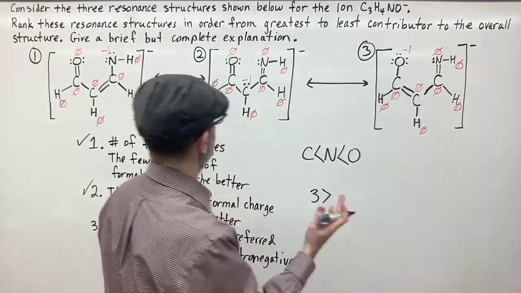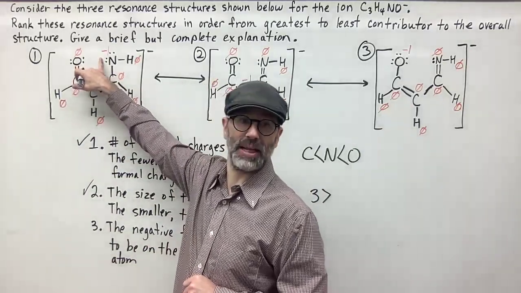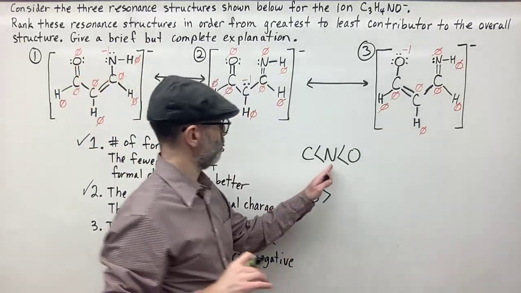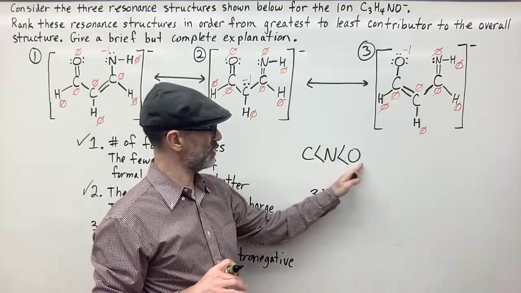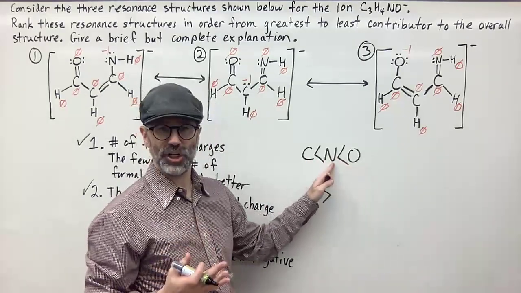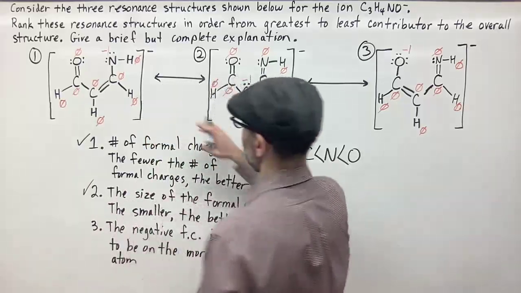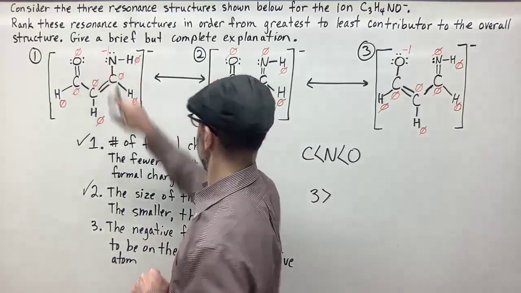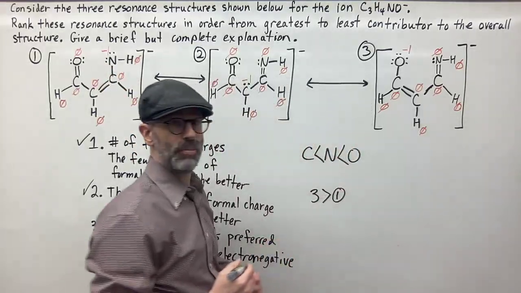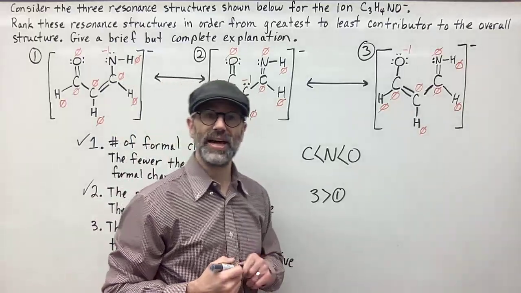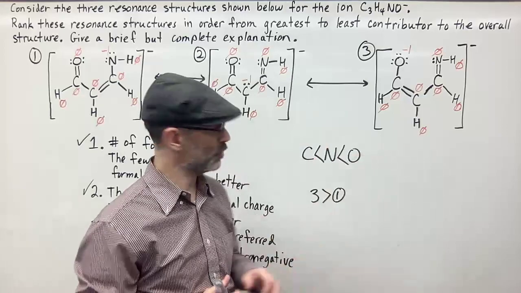And the next one would be where we have the negative on the nitrogen, because remember, nitrogen is more electronegative than carbon, but less than oxygen. So the nitrogen would be preferred next. So then we have the negative on the nitrogen here for number 1. So number 1 would be the next preferred, or the next structure that has the greater contribution.